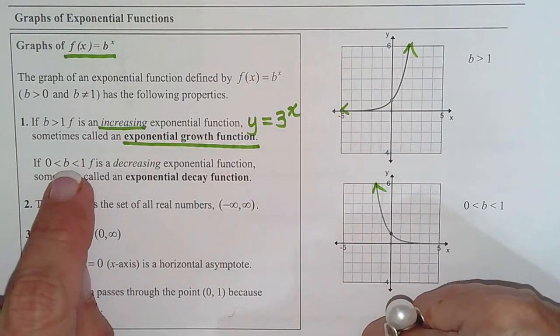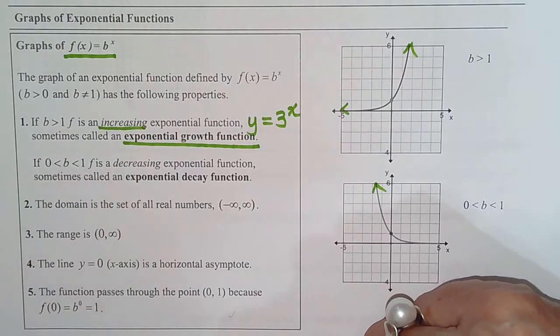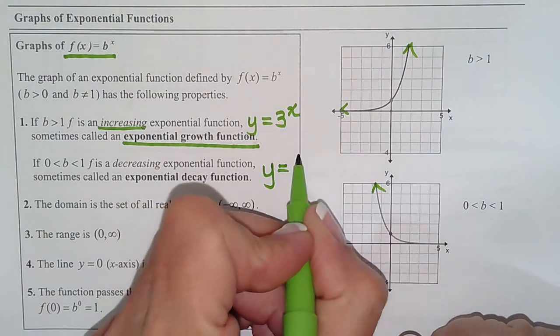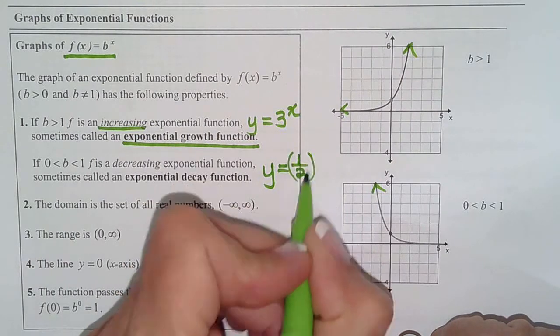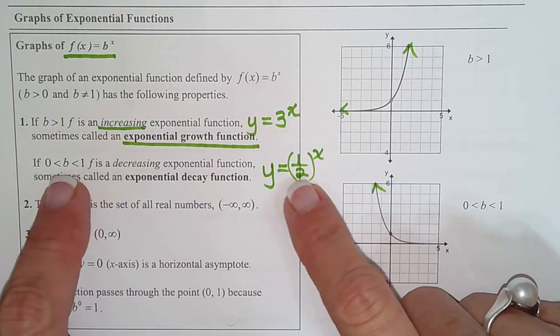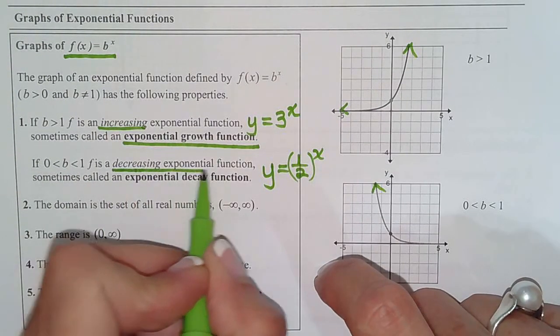When the base is greater than 0 but less than 1, that means it's a fraction, so it's still positive. That would be like y equals 1/2 to the x. When the base is between 0 and 1, which 1/2 is, we call it a decreasing exponential function.